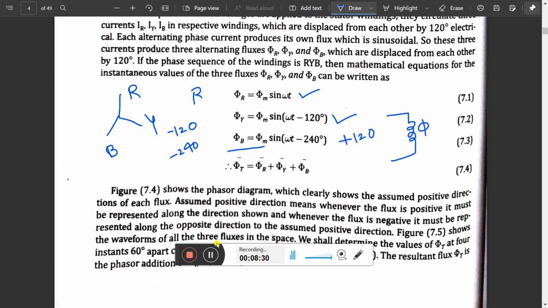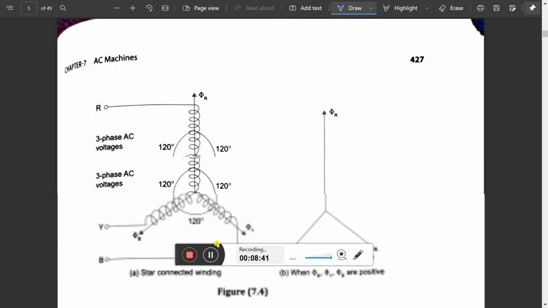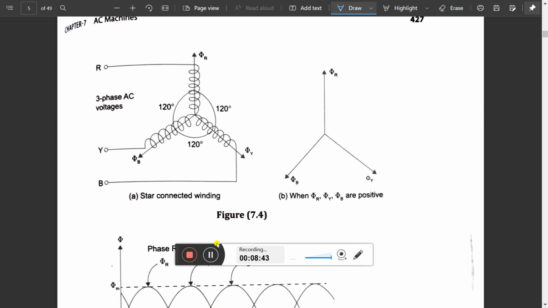The resultant flux phi of t is equal to the sum of these three fluxes produced in that motor at one point. Now observe this winding diagram, R Y B. This is a simple vector diagram, R Y B. Now observe this waveform.